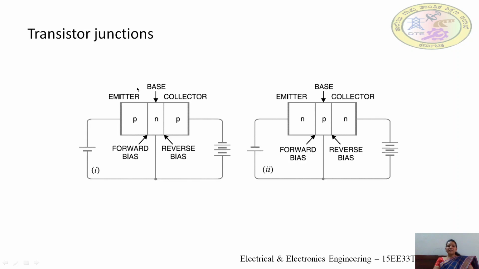Since your emitter base junction is always forward biased, its resistance is almost zero in an ideal case, or very low. At the same time, since the collector base junction is reverse biased, its resistance is very high, or in an ideal case, infinite.